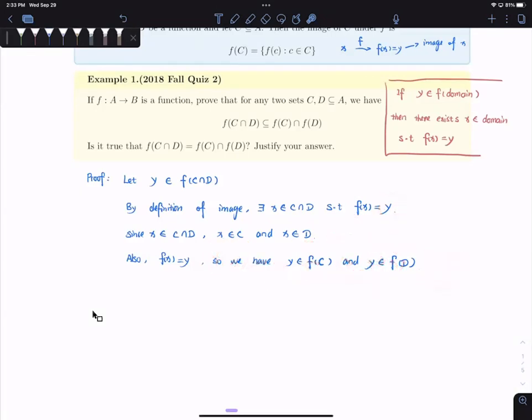Okay, cool. What does this tell us? Remember, what is this? Right hand side, okay, exactly. So y is in f of C intersect f of D. That's the definition of intersection. So we're done.